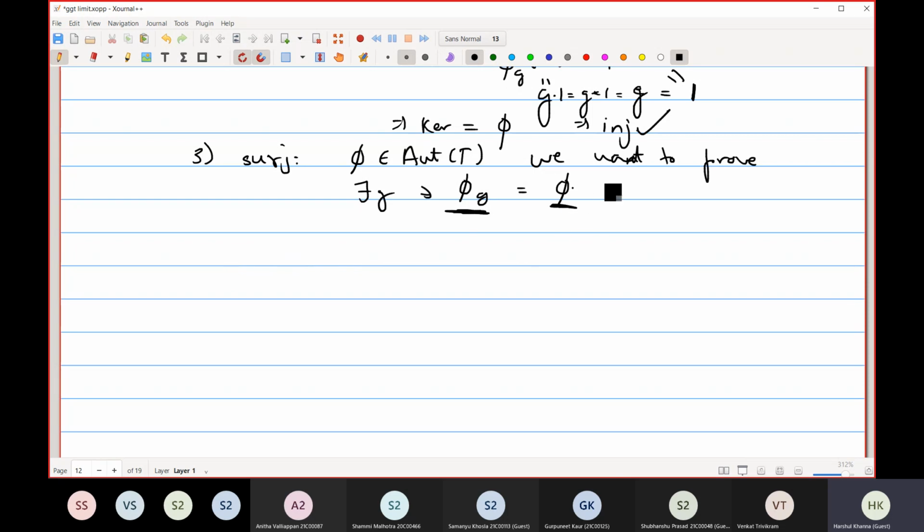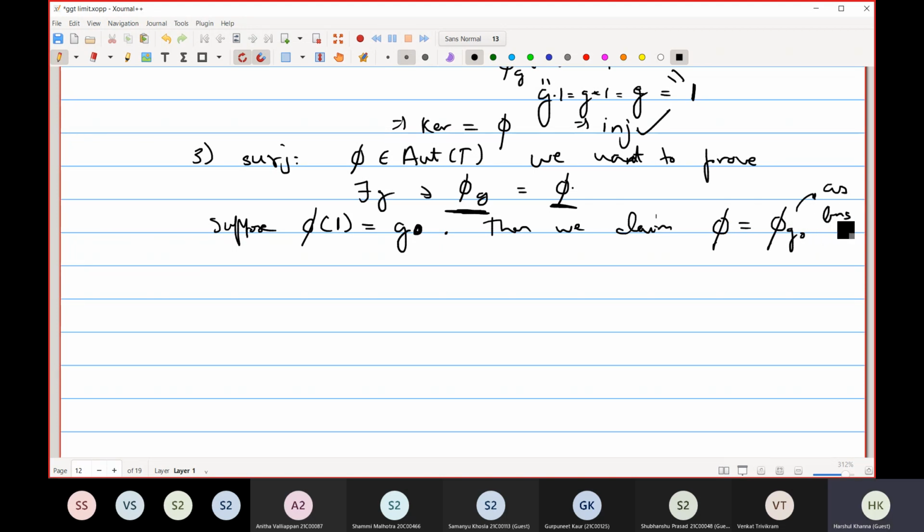Since it's an automorphism of the Cayley graph, the identity element has to be sent to some vertex, and since vertices are group elements, to some group element G. So suppose phi of the identity element was equal to G naught. Then we claim that phi is equal to phi G naught as functions.